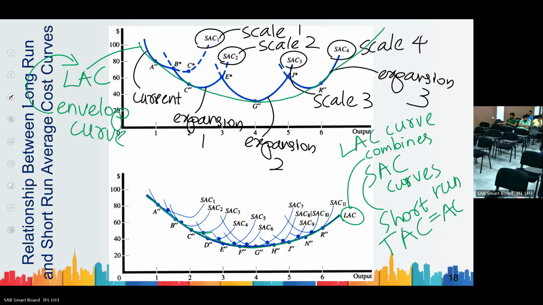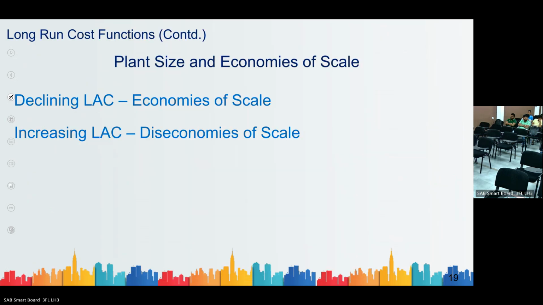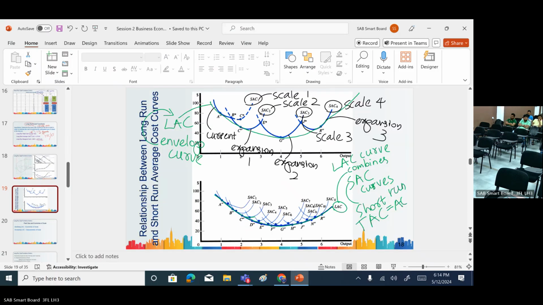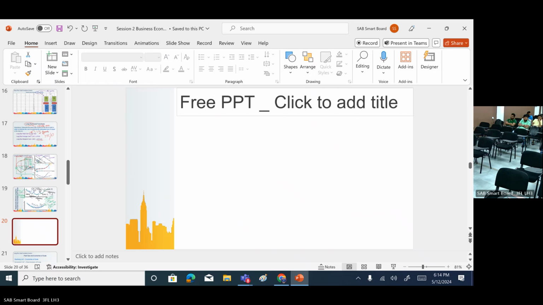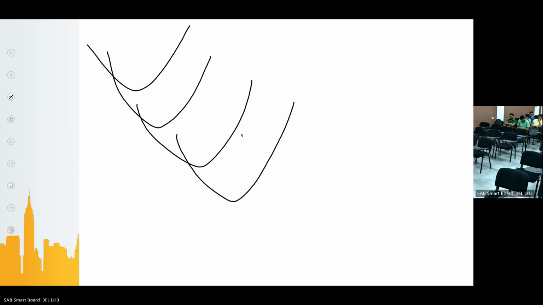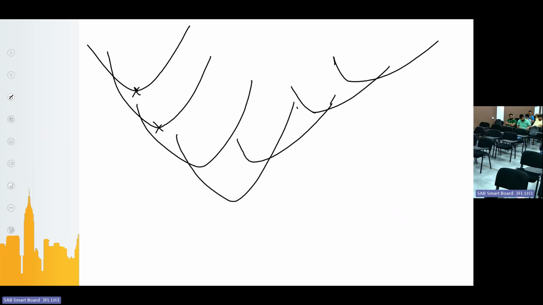That envelope curve becomes the long-run average cost curve. These are the minimum points of the short-run average cost curves.